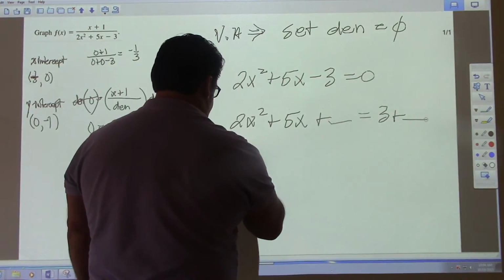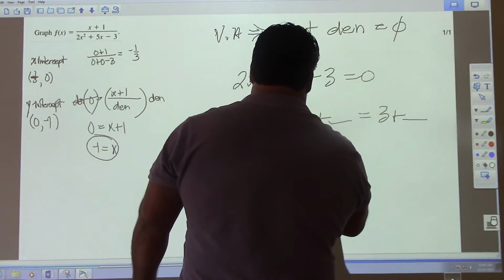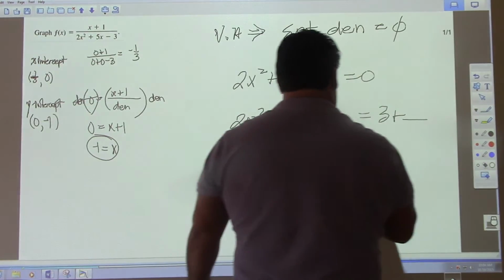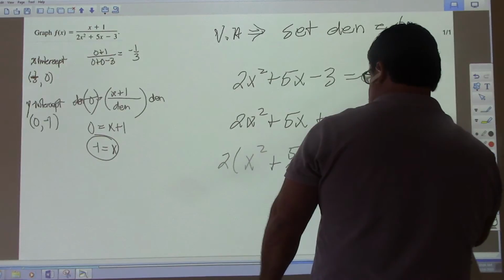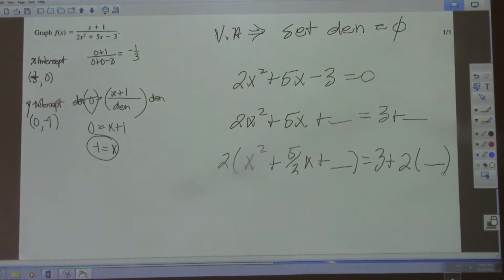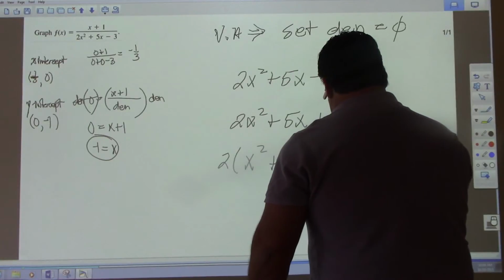So 2x, factor out the 2, x squared plus 5 halves x plus blank is equal to 3 plus 2 times blank. Alright, now we got to take 5 halves, divide it by 2, which means multiply by 1/2, be 5/4. 5/4 quantity squared is what? 25/16.